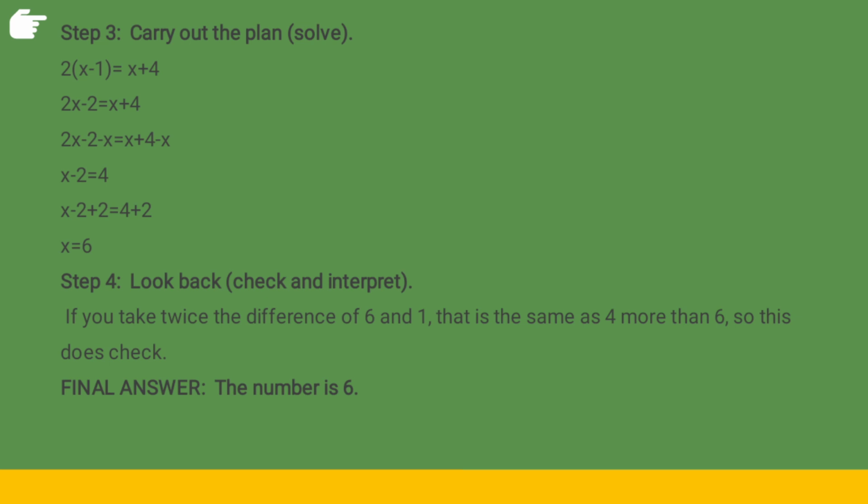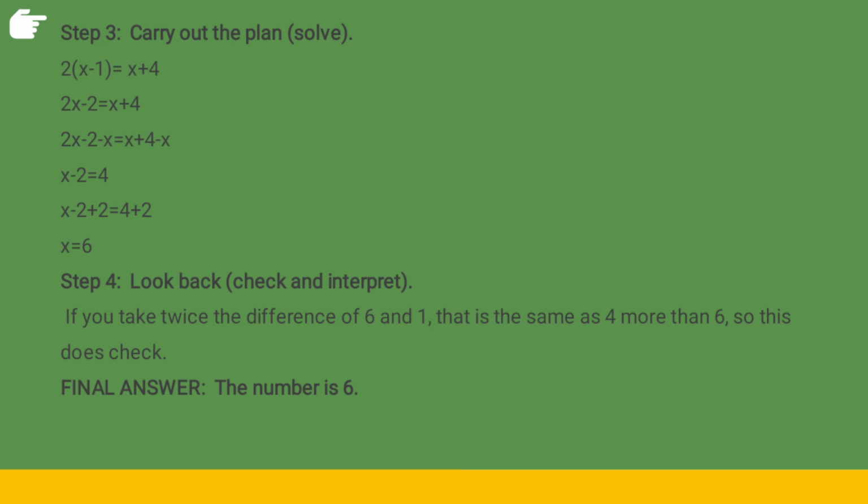Or you can also just transpose this negative 2 to the right side of the equation. It will be x is equal to 4 plus 2. And 4 plus 2 is equal to 6. That's why we have x is equal to 6.